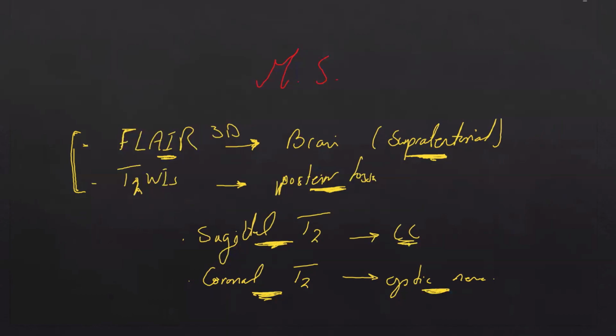The optic nerve, in some institutes, is considered a 5th main location for multiple sclerosis, and multiple sclerosis is considered one of the most important causes of optic neuritis. So as much as you can, if you can diagnose or exclude optic neuritis in any case of multiple sclerosis, it will be more helpful.